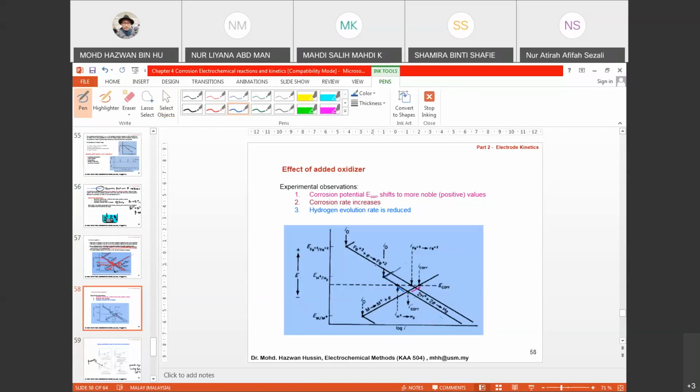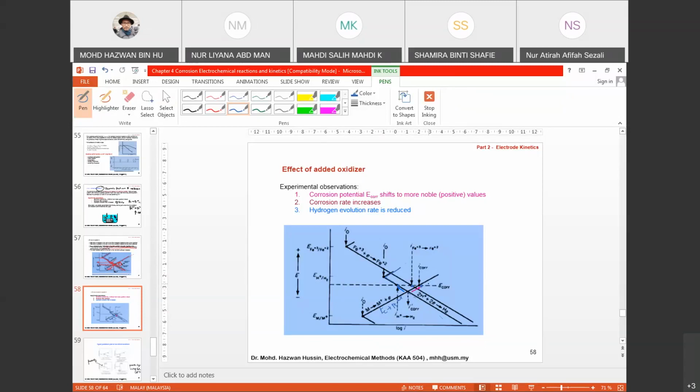This is for your Fe3+ to Fe2+. You have a line over here, and this is from Fe to Fe2+. So if you notice, the E-corr produced over here is the point where you can have all three effects together.